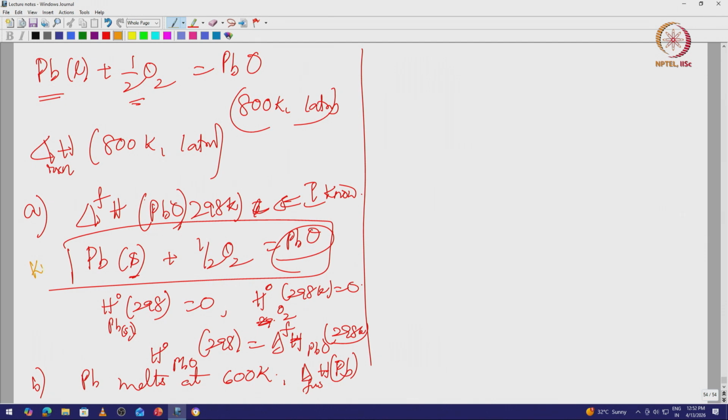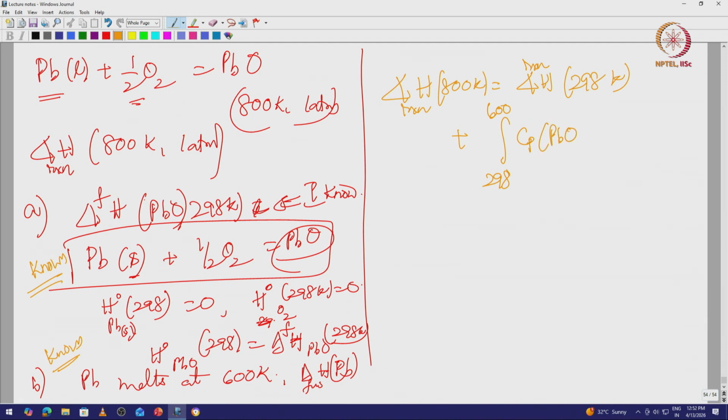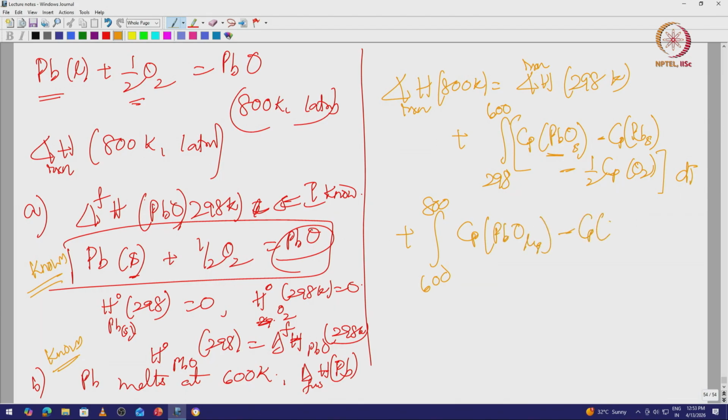So, delta H of the reaction at 800 Kelvin is equal to delta H of the reaction at 298 Kelvin, plus integral 298 to 600 of Cp of lead oxide solid minus Cp of lead solid minus half Cp of O2, so this is the delta Cp of the reaction, dt, plus from 600 to 800 what I have is not solid lead oxide but Cp of liquid lead oxide, minus Cp of lead solid and oxygen continue, dt.